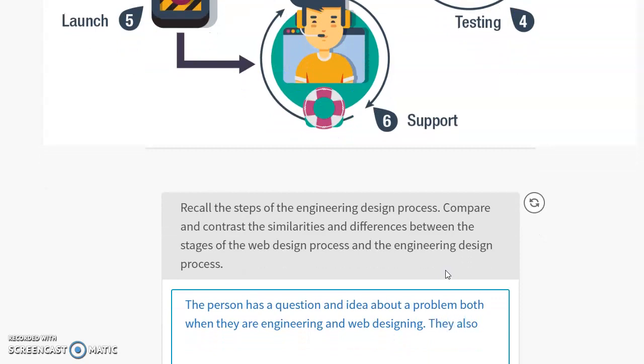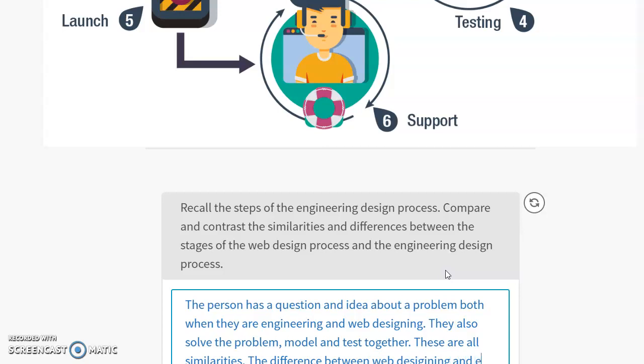They also solve the problem, model, and test together. These are all similarities. Now, the difference between web designing and engineering processes.